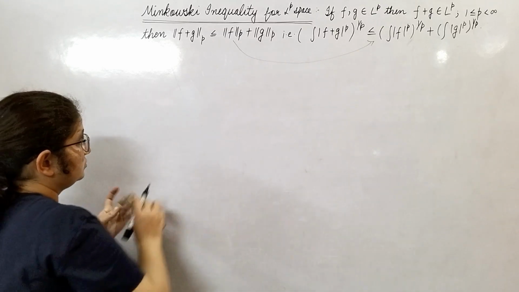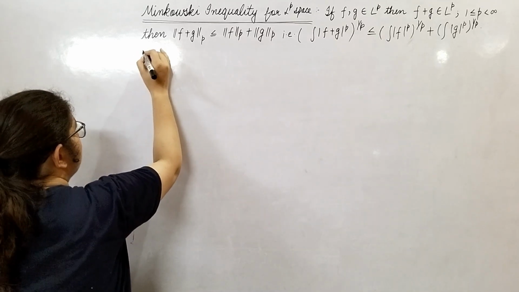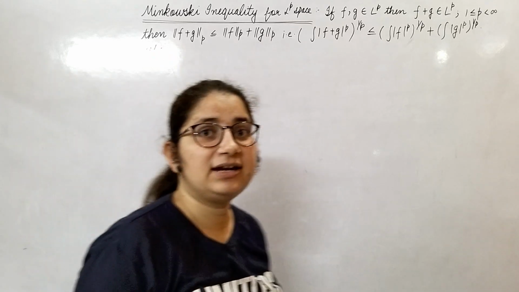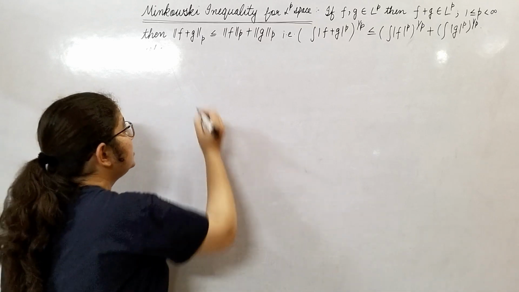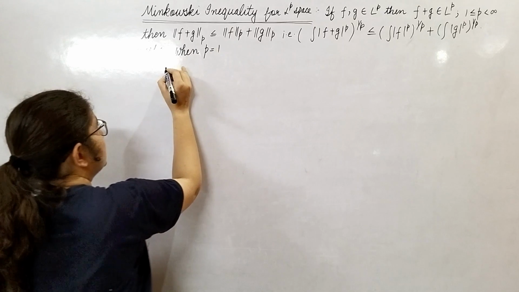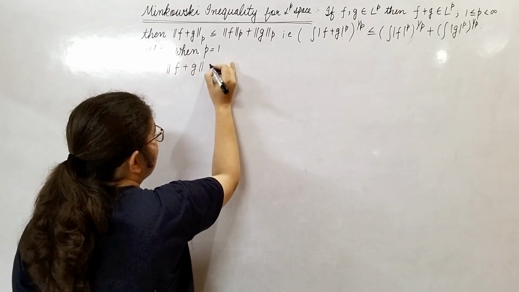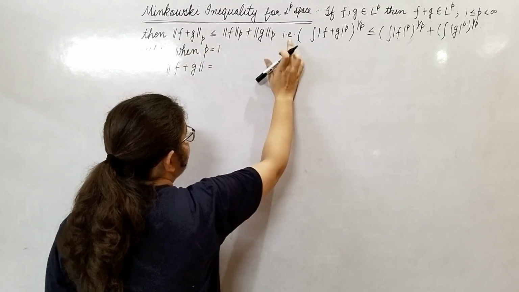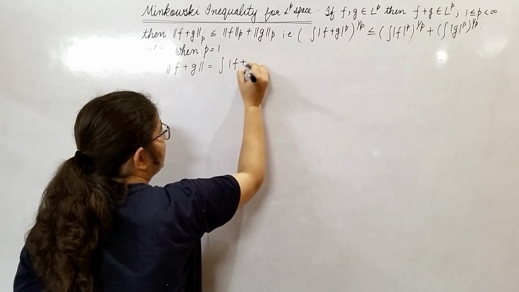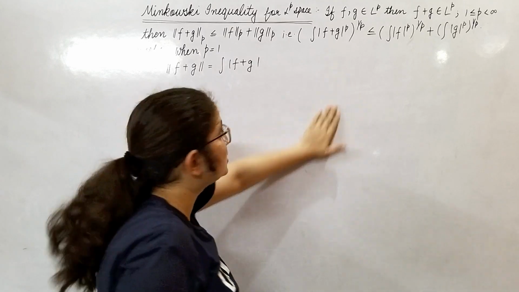Now let's proceed for the proof. First of all, we will show this inequality when P equals 1. So this is the norm of F plus G, which is equal to the integration over F plus G. Here P is 1, so I can remove these brackets.